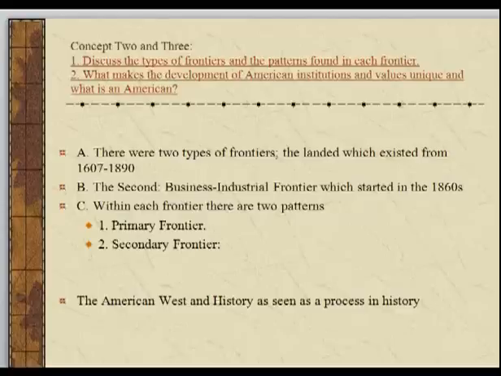So, for instance, with the business industrial frontier, at one point it was relatively easy to create a social media website, right? If you had the time and a little bit of background, you could create that. Now, if you had an idea for a social networking website, trying to compete with Mark Zuckerberg and Facebook would be quite difficult.